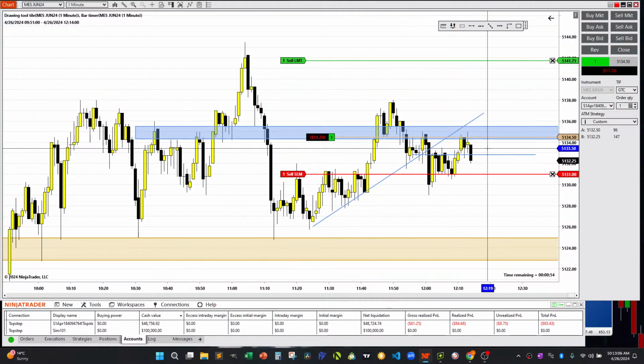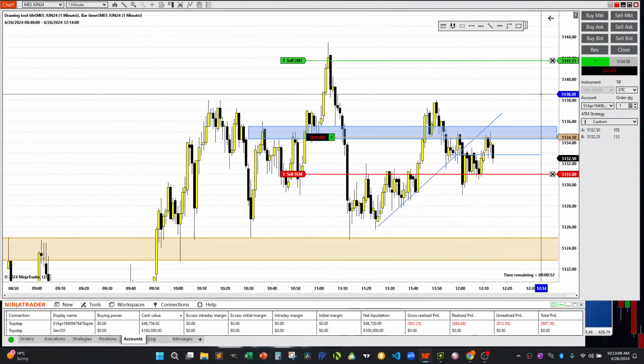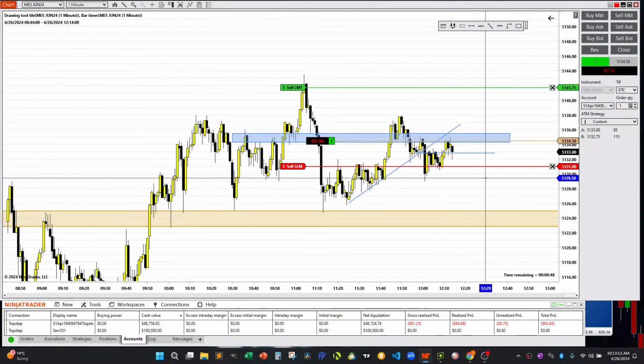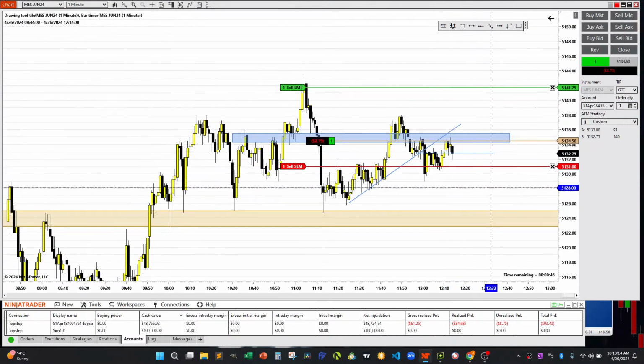And of course we could just be sticking around this area for a little while. No real positive result one way or the other, in which case the very short targets would come in handy for situations like this.